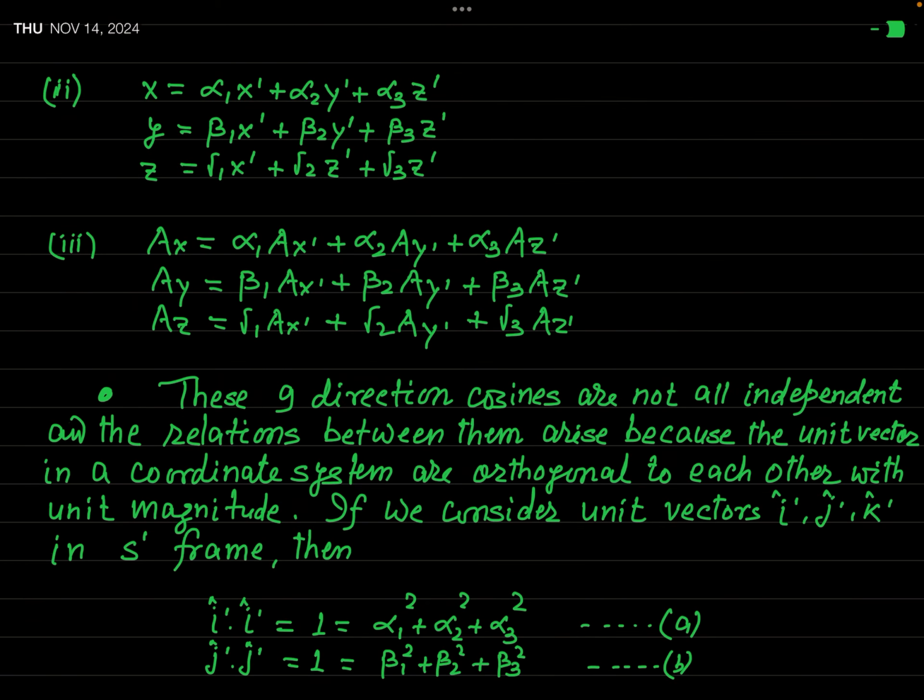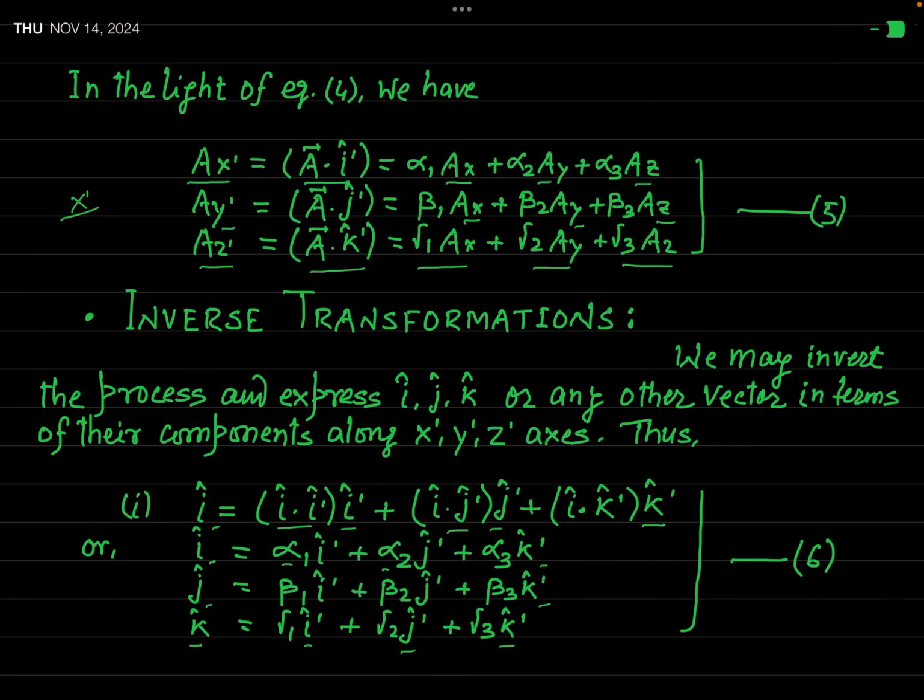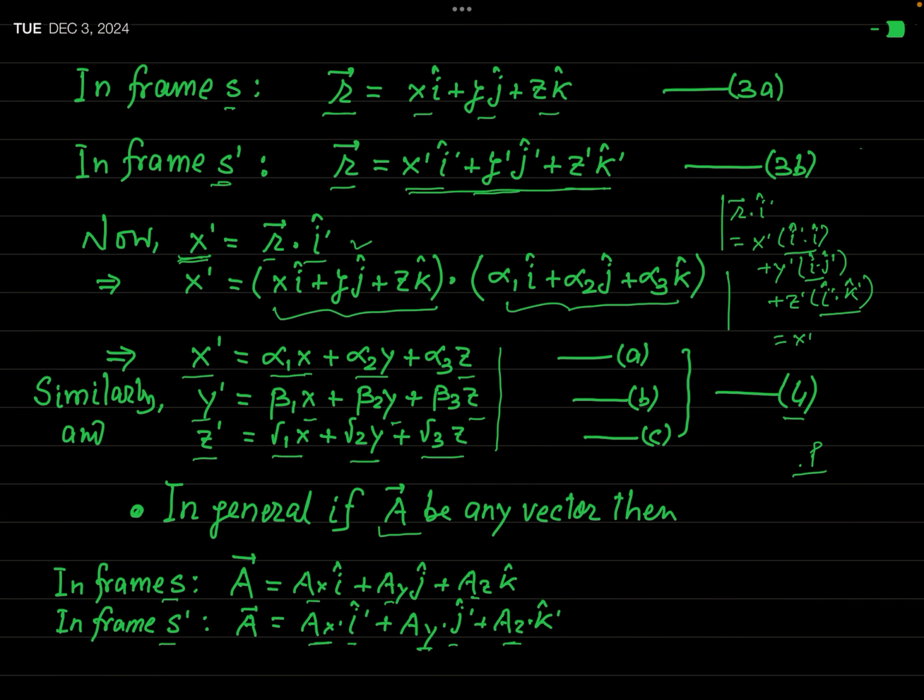And if now you express X, Y and Z, which are actually the position coordinates of a point P in frame S, in terms of the position coordinates X prime, Y prime, Z prime of the same point in frame S dashed, you can use the similar result which you have written in this equation 4. Only you have to replace X prime, Y prime, Z prime by X, Y, Z and X, Y, Z by X prime, Y prime, Z prime.